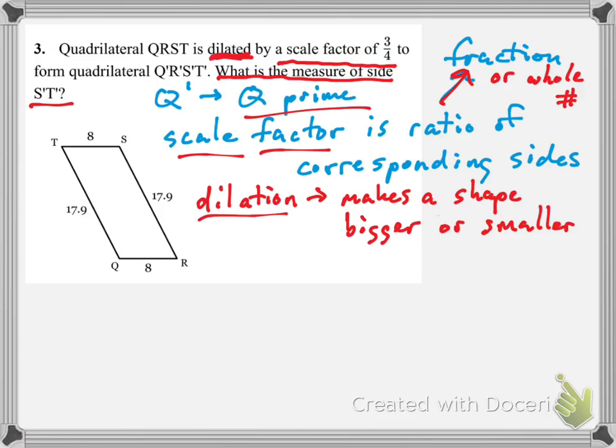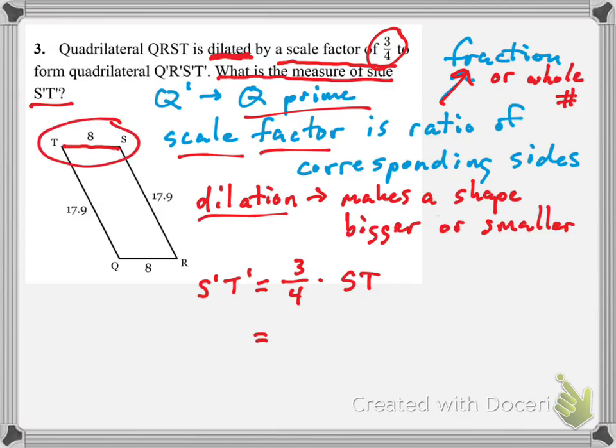So here's ST. To find the measure of the new side, S prime, T prime equals the scale factor, 3/4, times the measure of ST, the original. ST is 8, so I have 3/4 times 8, which is 6.